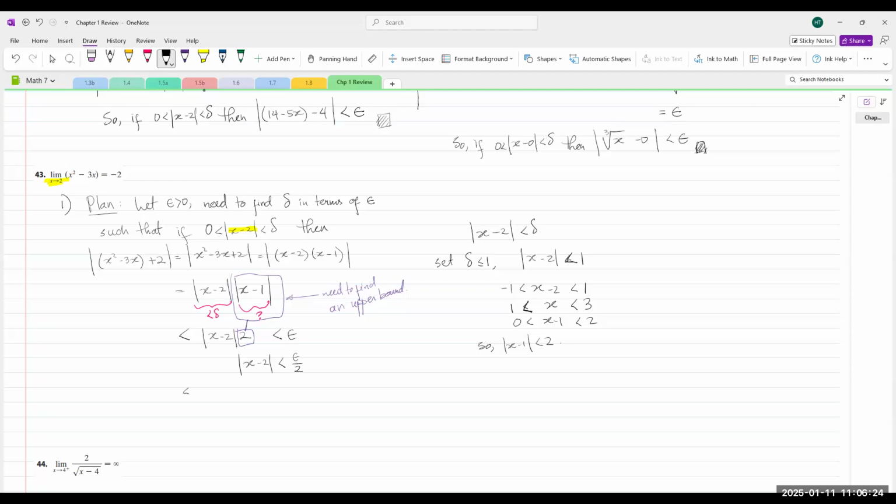So we choose our delta to be epsilon over 2 or 1, whichever is smaller. This is the way we say that delta is at most epsilon over 2, and delta is at most 1. Then it satisfies both of those conditions.